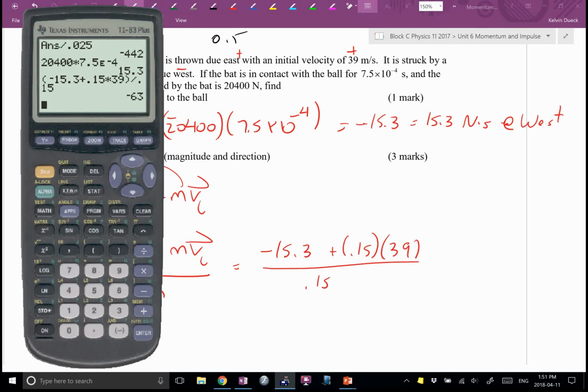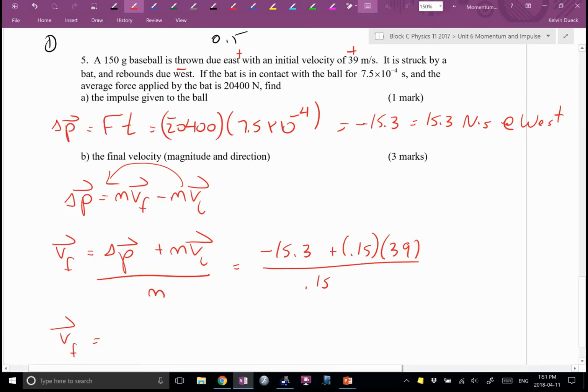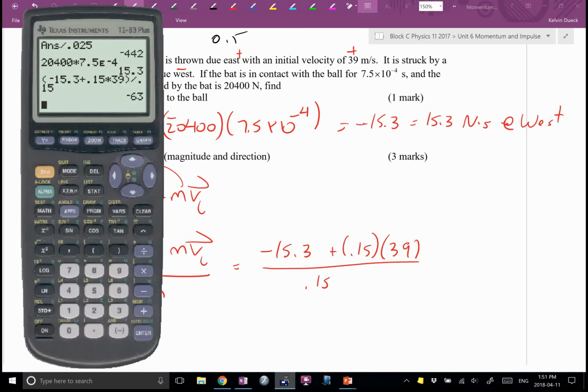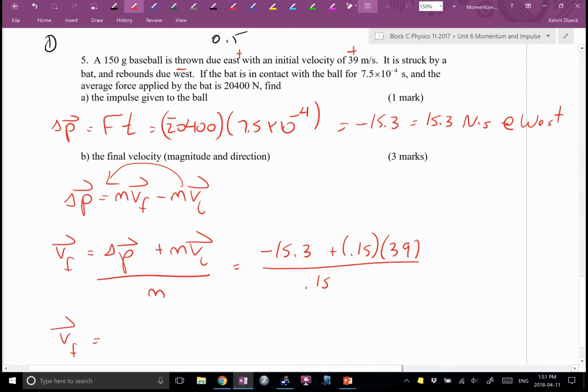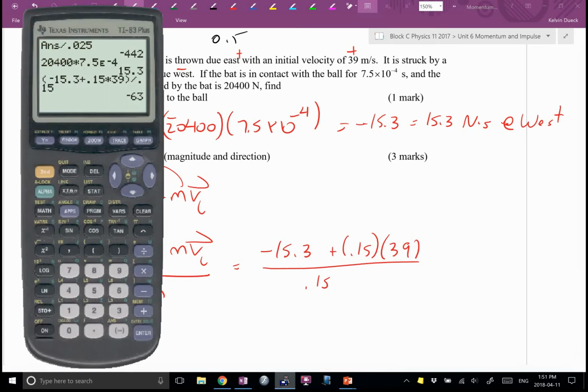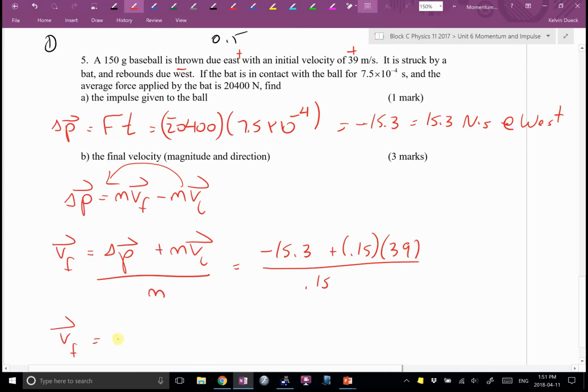Negative 63. Is that right, Mr. Dewick? Did I type this in wrong? Oh, final velocity should be west. Yeah. I thought I was finding initial for a second there and going, what? So I get negative 63, which is 63 meters per second west.